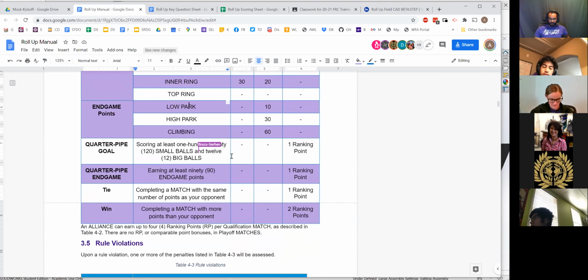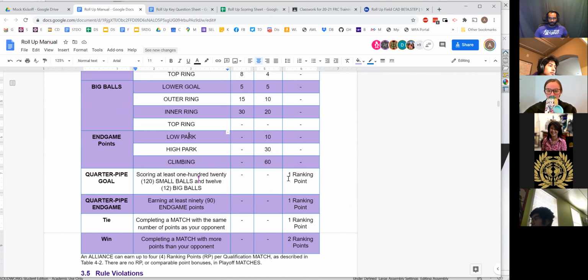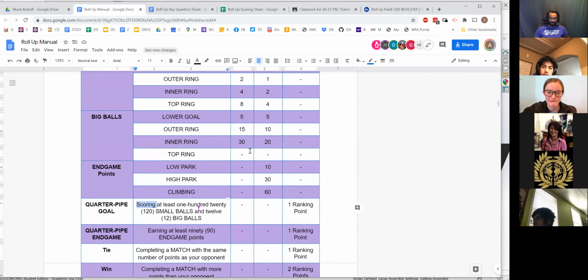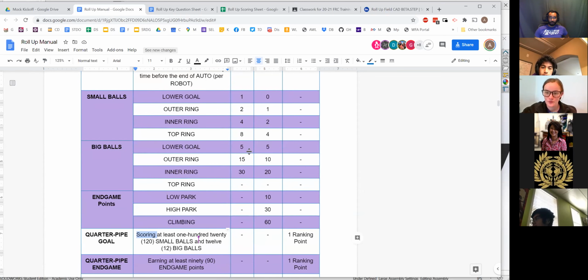There are some ranking point things, which we can go over now, that come up in other questions. So to get 1 ranking point, your alliance has to score 120 small balls and 12 big balls. So the points you get from them don't matter. And also, one of the things that I don't think we actually thought about until right now is that if you score a small ball in the lower goal in teleop, it counts for this 120.